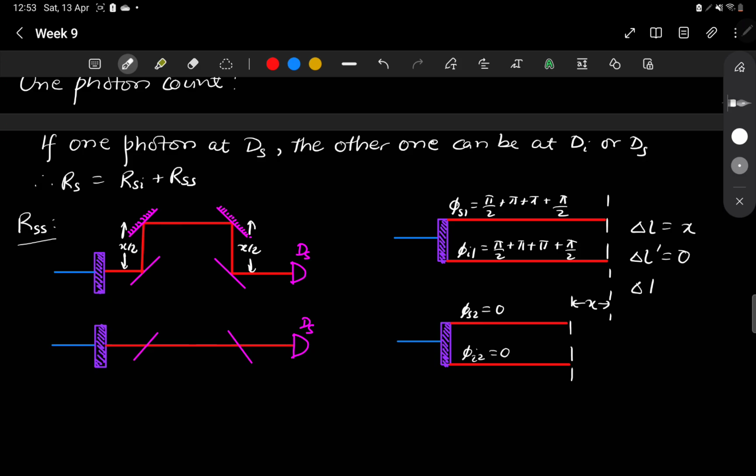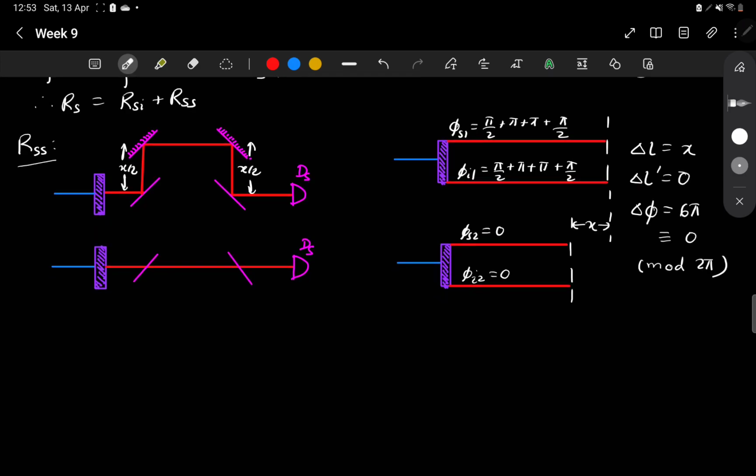And delta phi this time is, let's see, 2 pi, 3 pi, 6 pi. 6 pi, which is equivalent to 0 when you take modulus with 2 pi.